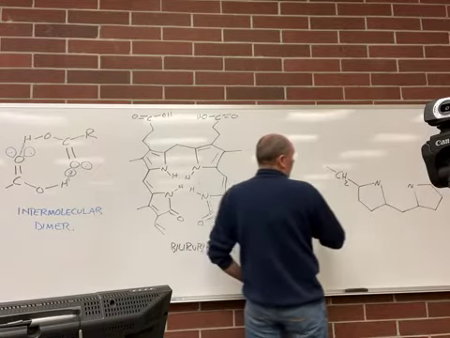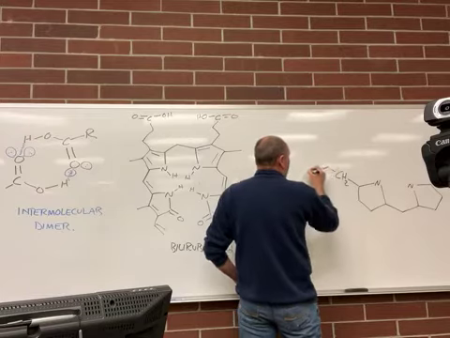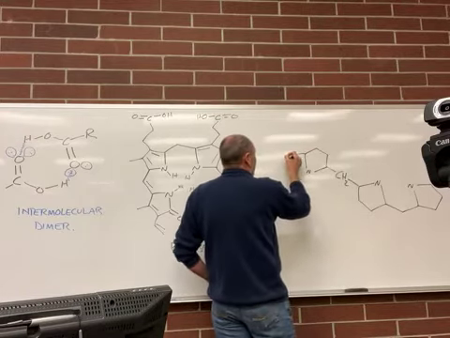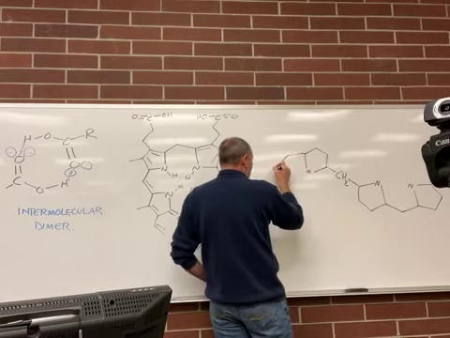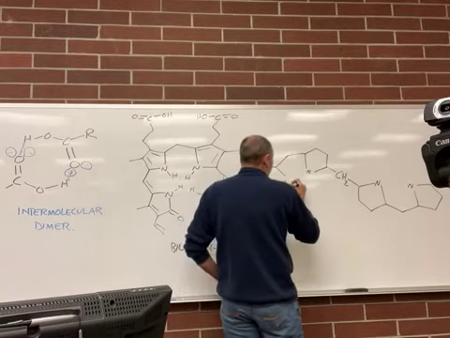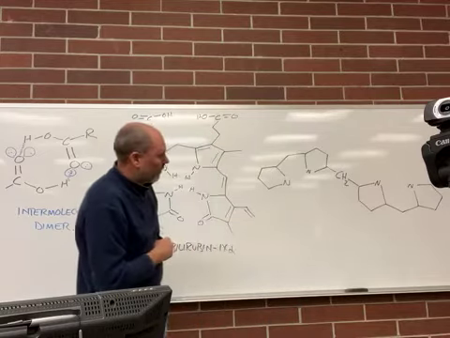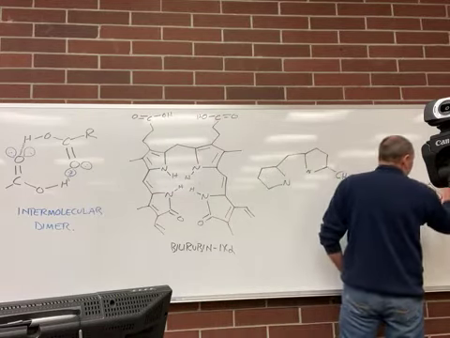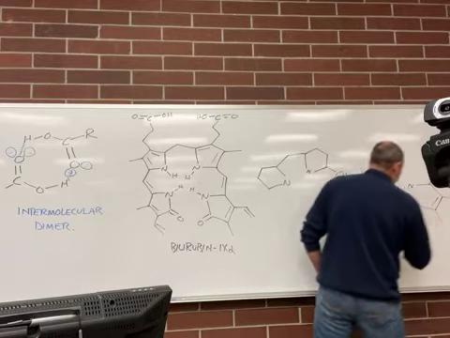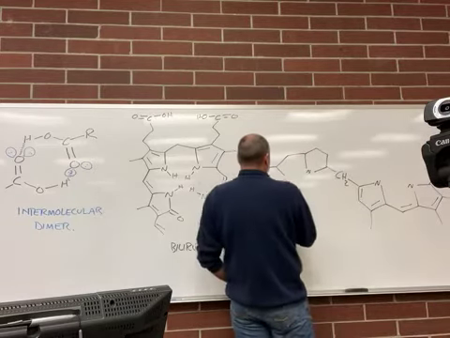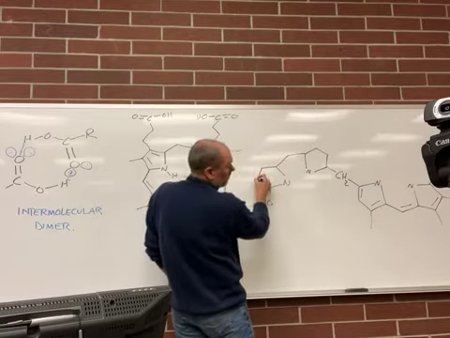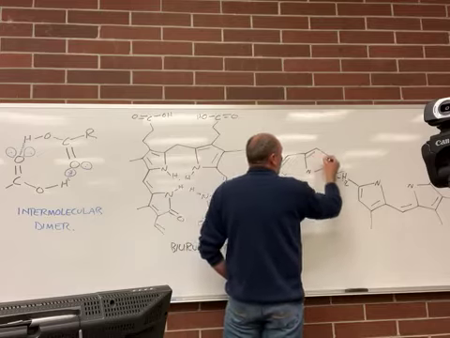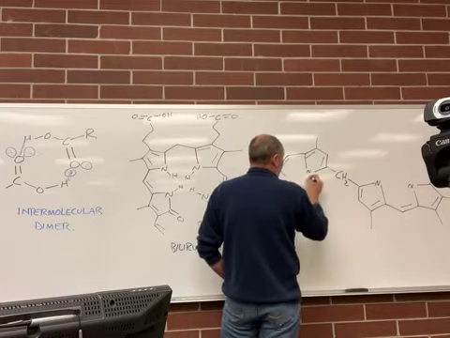So with bilirubin, what happens is you form this very dominant intramolecular hydrogen bonded structure, all right? So when I draw the rest of bilirubin in, okay? So there's bilirubin. Now watch what happens with it.